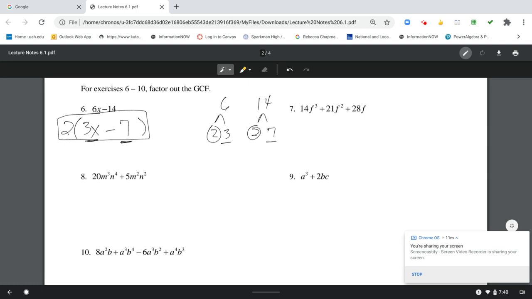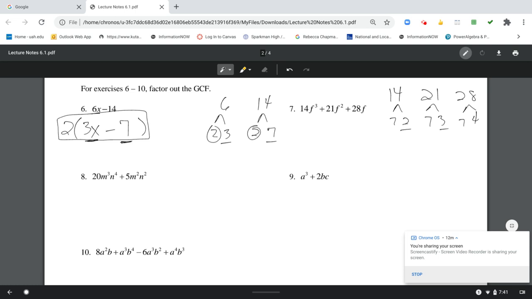In number 7, the first thing I notice about the numbers 14, 21, and 28 is that there are 3 separate terms. I know that they are all divisible by 7. So 14 is divisible by 7, 21 is divisible by 7, and 28 is also divisible by 7.